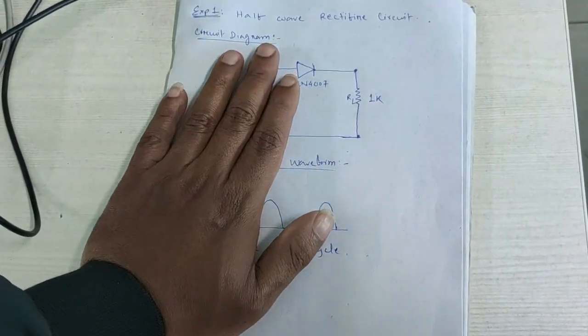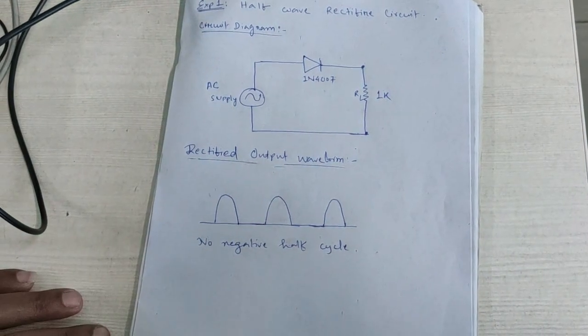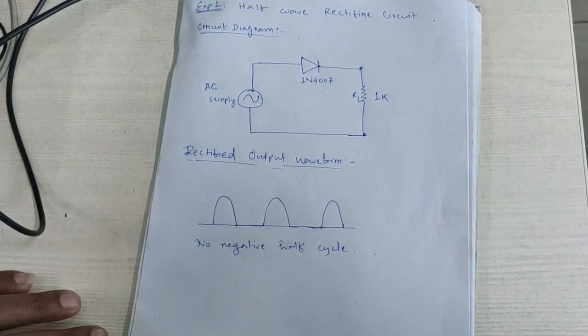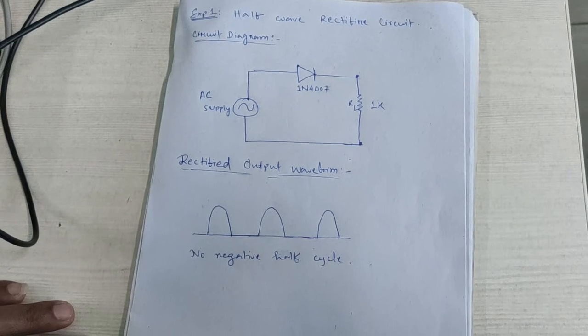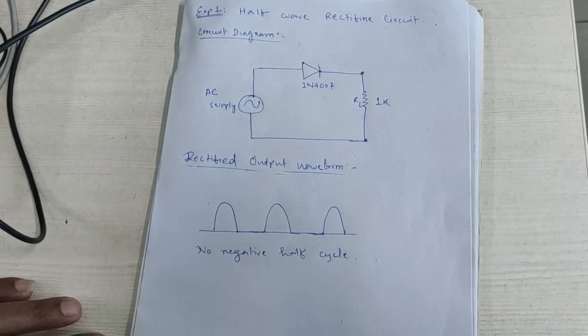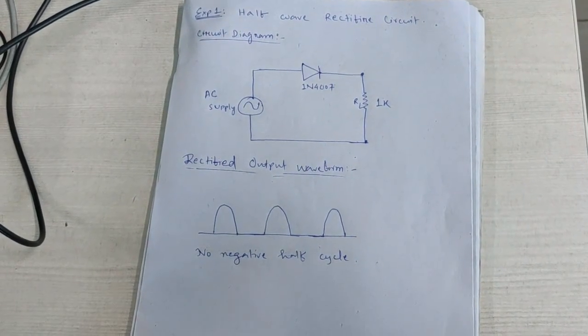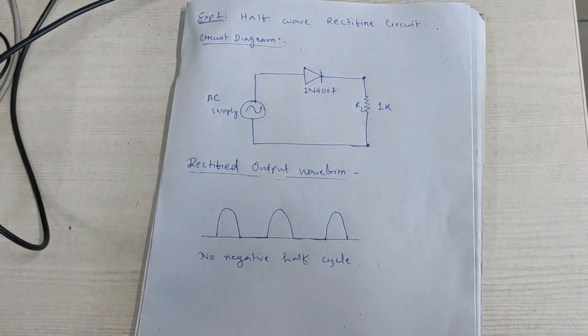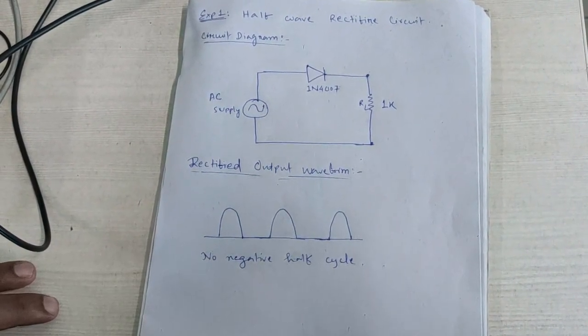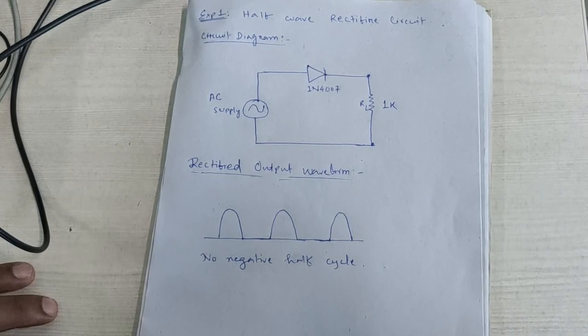So basically half wave and full wave rectifiers are the basic rectifier circuits which can be constructed using diodes. You have done this already in your basic electronics. This is not the core of power electronics or industrial electronics. The basic electronics part, the half wave and full wave rectifier circuit, you have done.